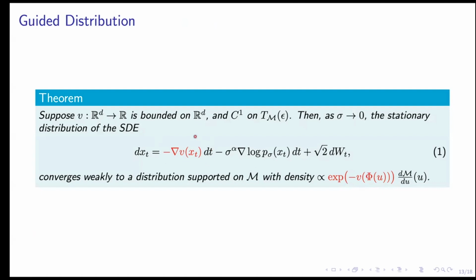We show here that if we run this tempered Langevin dynamics with guidance minus gradient V, the stationary distribution converges to a distribution proportional to exponential of minus V on the manifold. So there's no prior information on how the data is generated. It's purely based on your guidance.